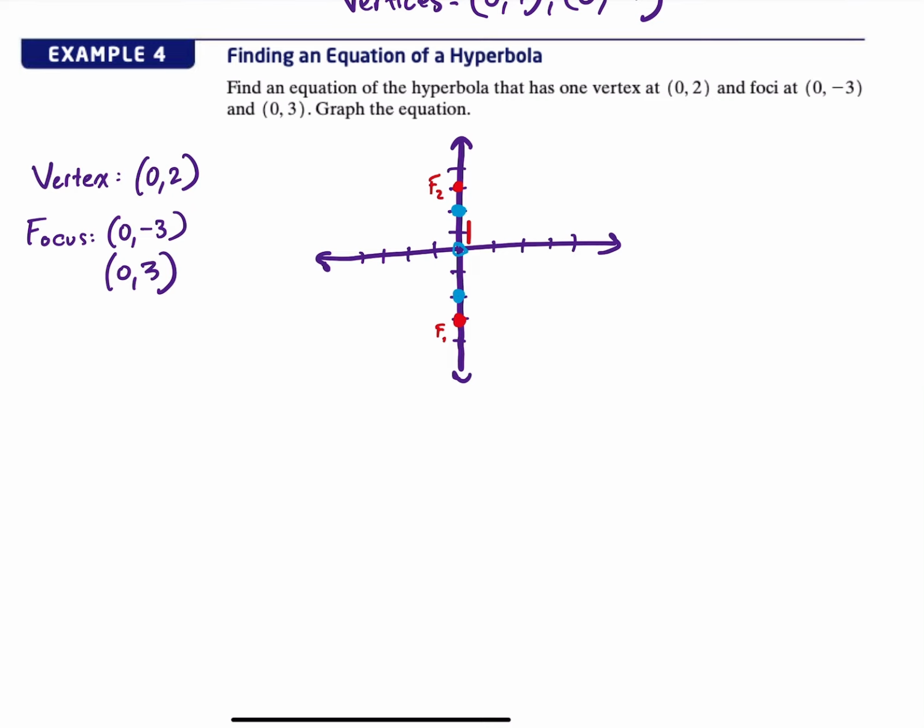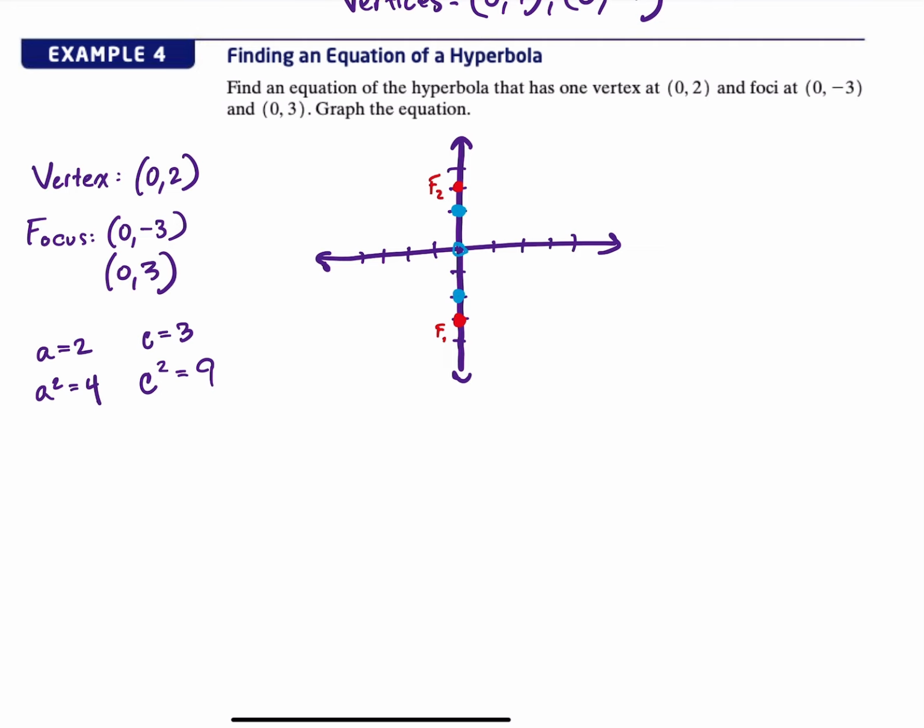From the center point to our vertex, that's our A value. So from this we can say that A will equal 2, or A squared would equal 4. And then the distance from the center point to the focus is 3 units. So that means that C is 3. So C squared equals 9.